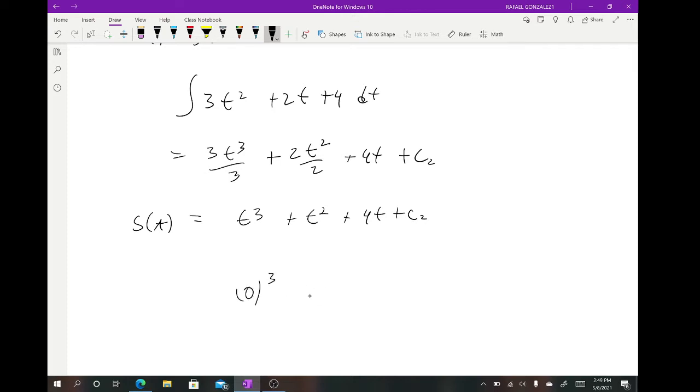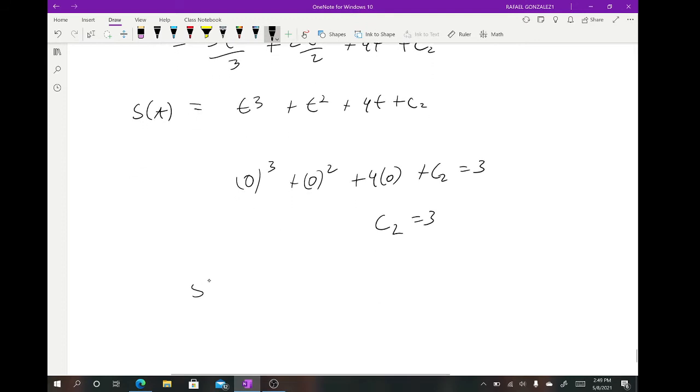So I have 0 cubed plus 0 squared plus 4 times 0 plus c2 should be equal to 3. Well, that just means that c2 is equal to 3. So our position function s of t is actually equal to t cubed plus t squared plus 4t plus 3. And that will be the solution to our problem, because we have found a position function for t.